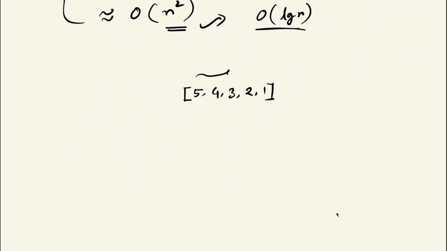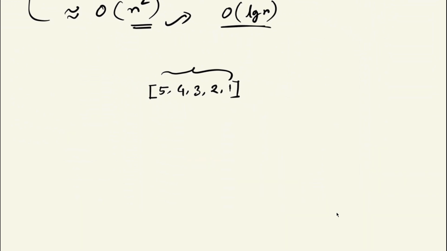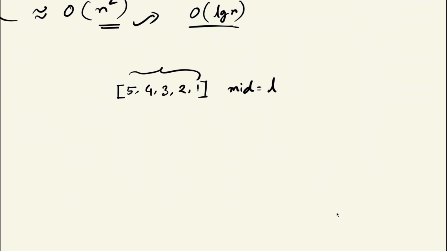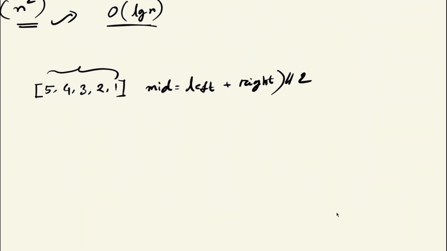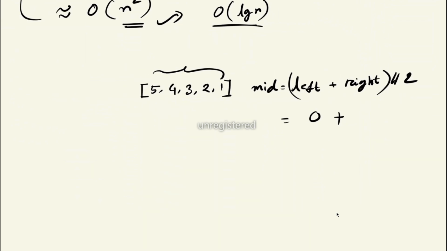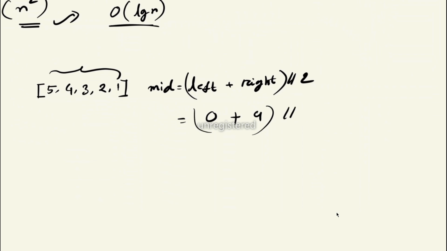So if we consider the middle element like this, mid equals to left plus right divided by 2, where left is 0 plus right is 4, so we'll end up with getting 2, which is this part.